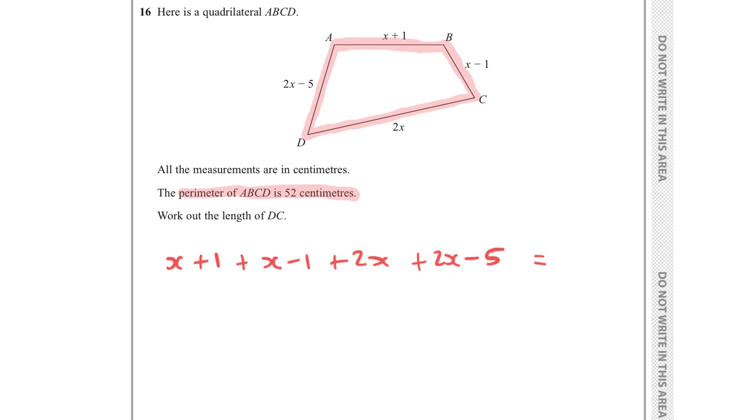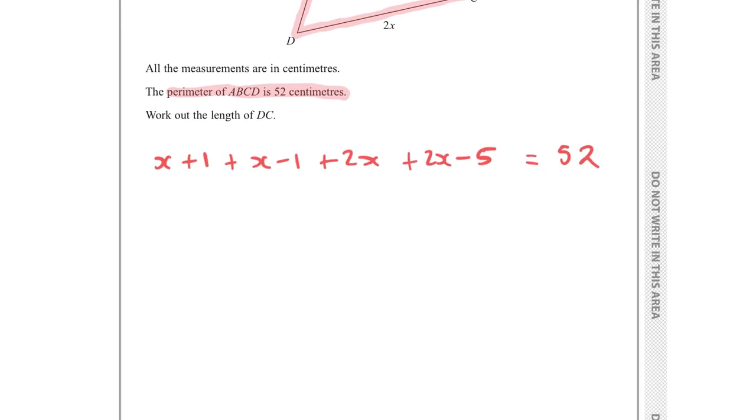And we've been told that equals 52. That's what it said in the question. Right, add them all up and you get 52. So let's add them up. Now we can do some stuff with these x's. Okay, they're like terms. So we've got 1x plus 1x is 2x, plus 2 more is 4x's, plus 2 more is 6x.